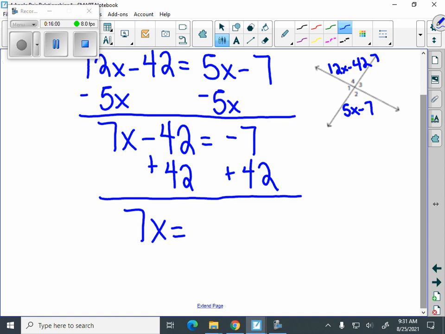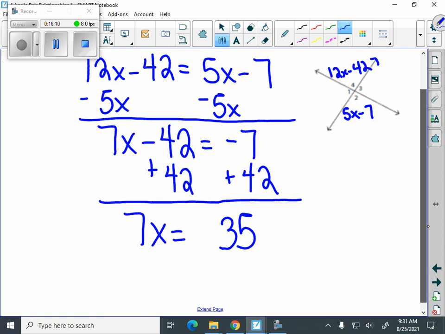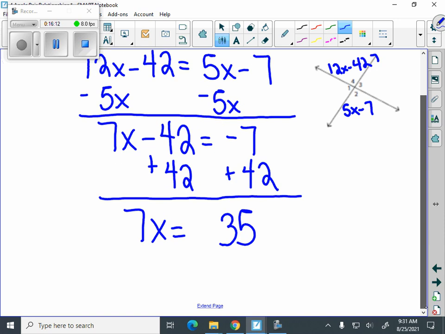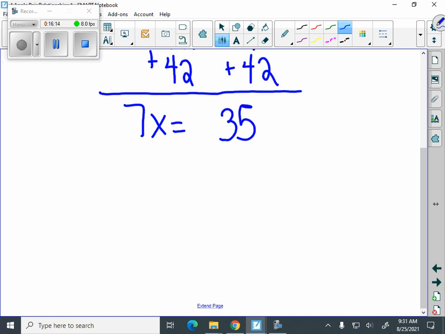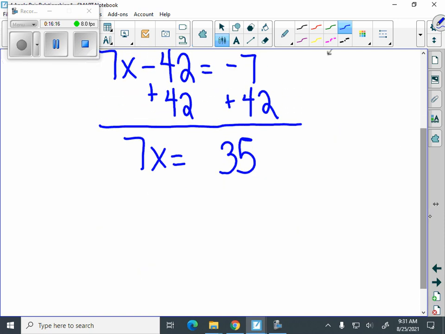And all of a sudden I'm having a lapse, but 12 minus 7 is 5. 35. Finally, we want to know what x is in this particular case, and that's all that's asking for. But 7 times x, we're going to divide both sides by 7, and x equals 5.